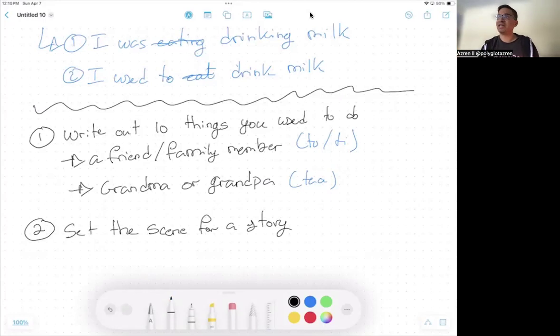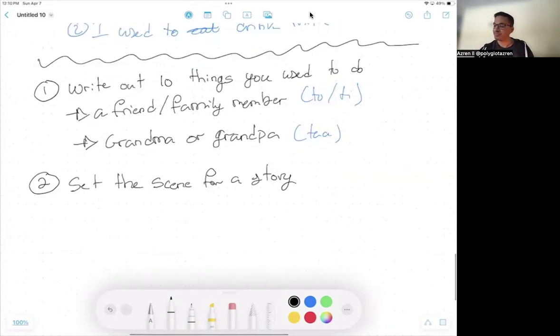Is the sun shining? Are you in heaven? Are you in a fictional world? Are you in space? Are you on Mars? What's the air like? So set the scene for a story. Again, you'll need an intermediate level to do that for sure. Set the scene for a story, right?